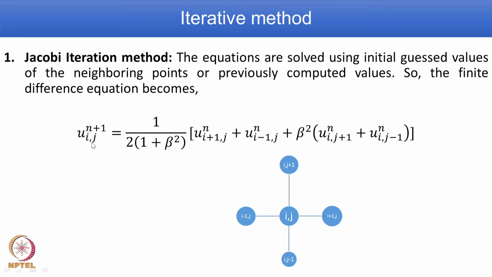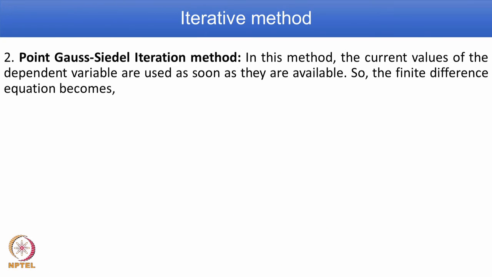So, u i comma j n plus 1 is the one to be determined at the node of interest i comma j, and all the neighboring nodes are taken to the right side. They are either determined from the previous level or known from the guess value, and that is again the molecule. So, we have the rewritten form of that discretized equation when you follow Jacobi iteration method.